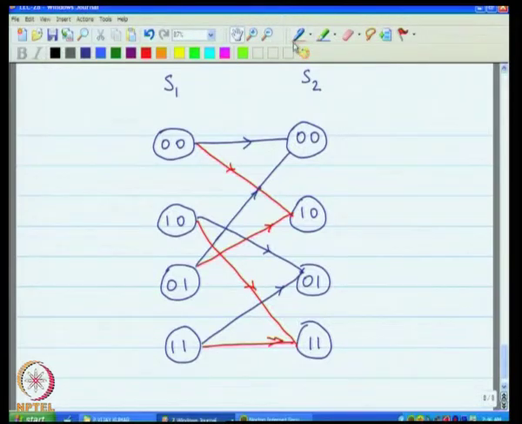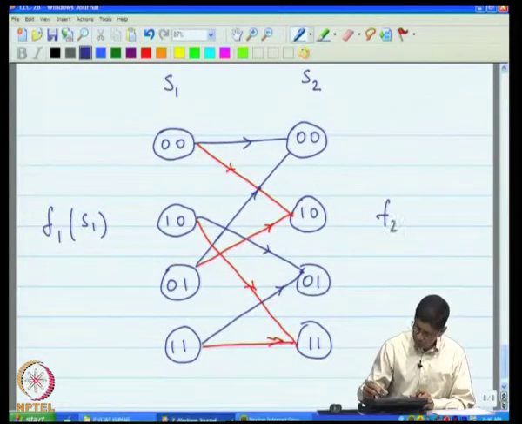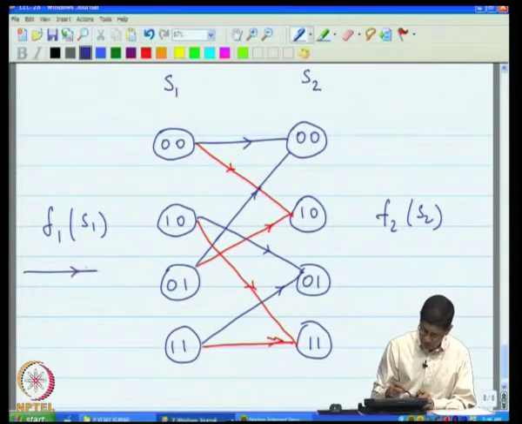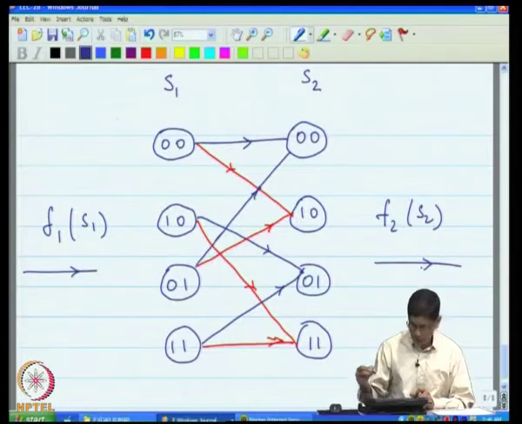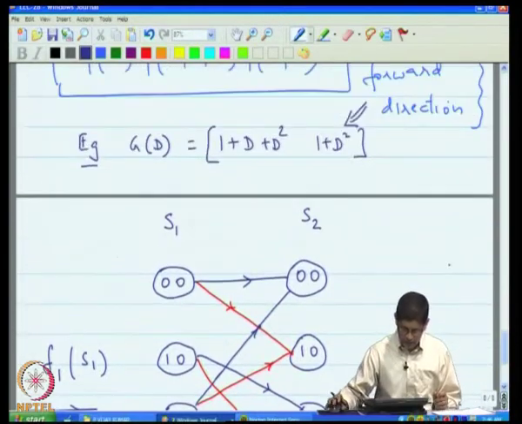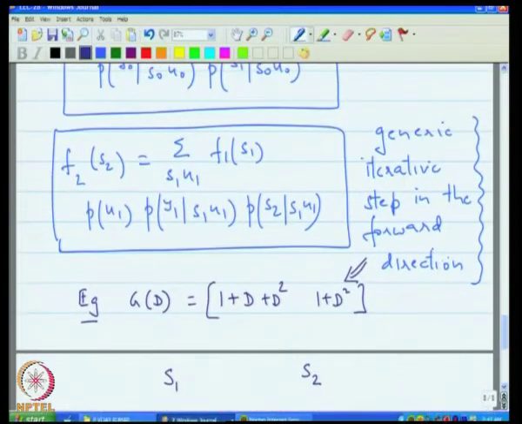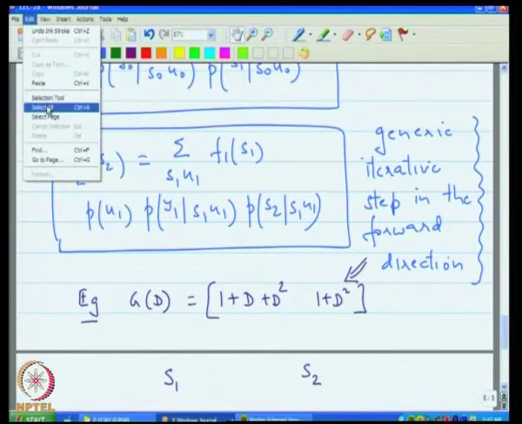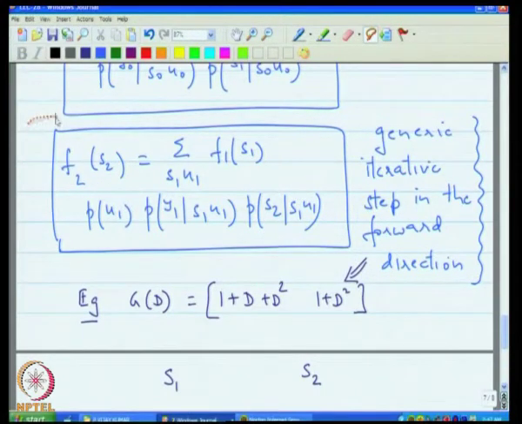So, on this side what you come in with is a function which is f1 of S1, and then what you exit with is a function of S2. Okay, so, this is what is coming in and this is what is going out. But what is the nature of this computation? And I claim that really what is happening here is a matrix multiplication. Okay. So, let us try to make that clear, and again I am going to repeat that formula just for clarity.